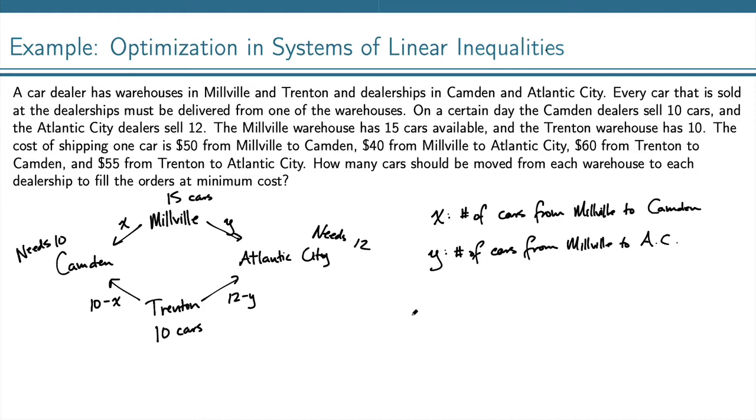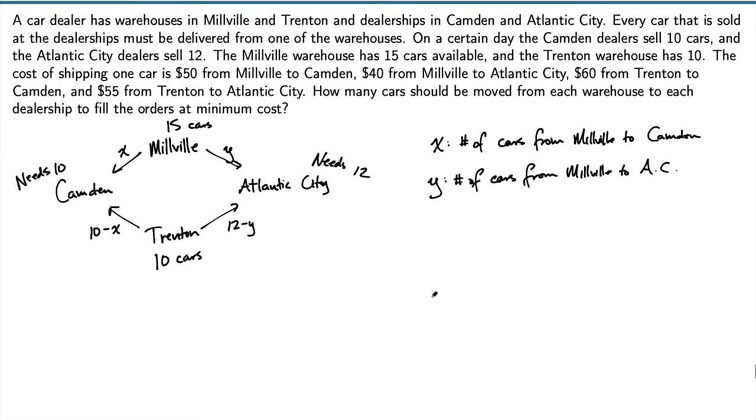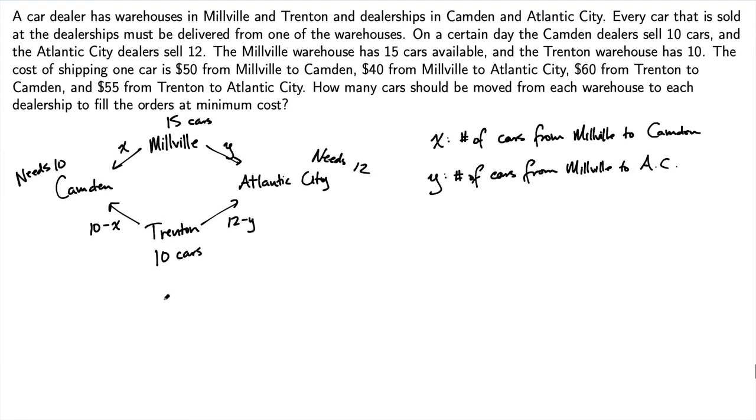Okay, first of all, x and y represent number of cars that are going, so x has to be greater than or equal to 0, and y has to be greater than or equal to 0. But also 10 minus x has to be greater than or equal to 0.